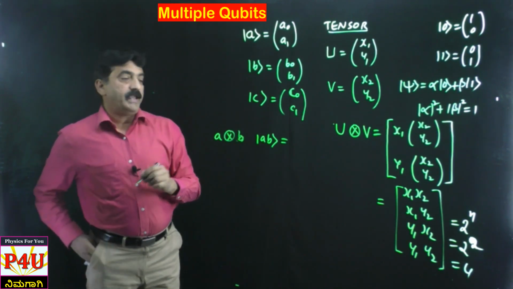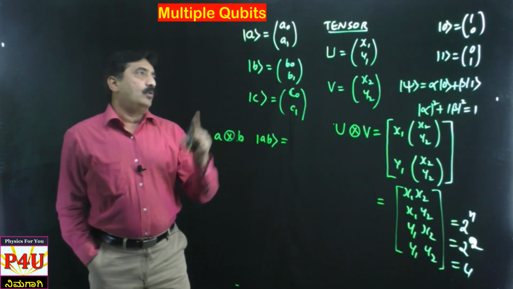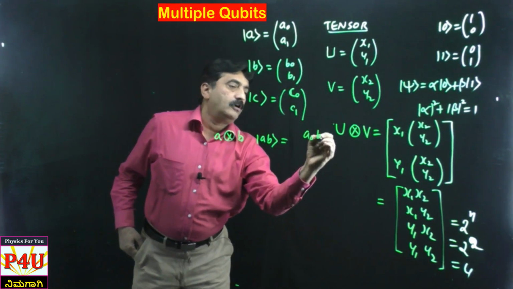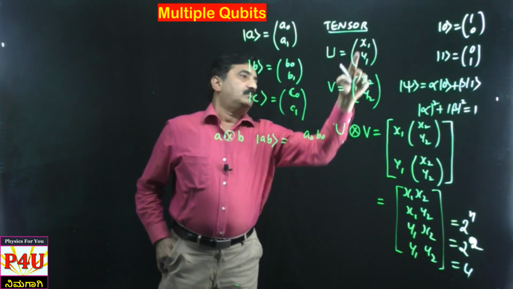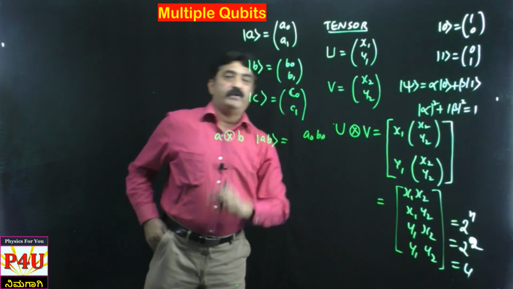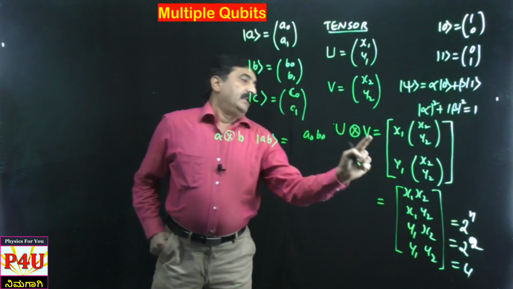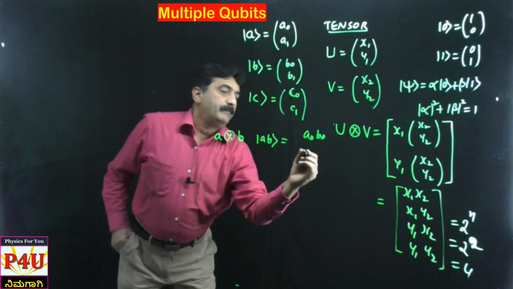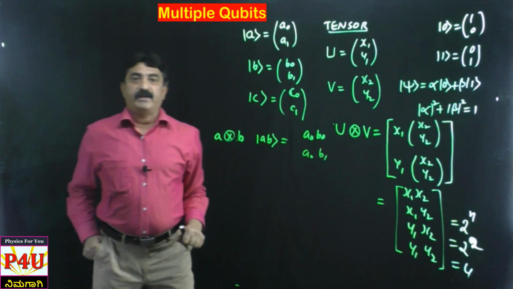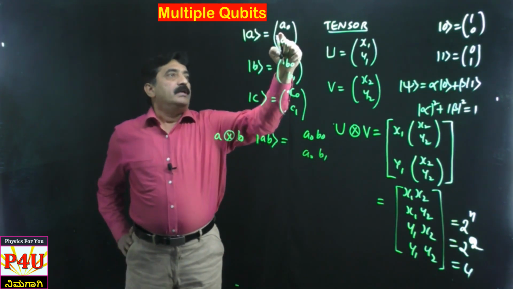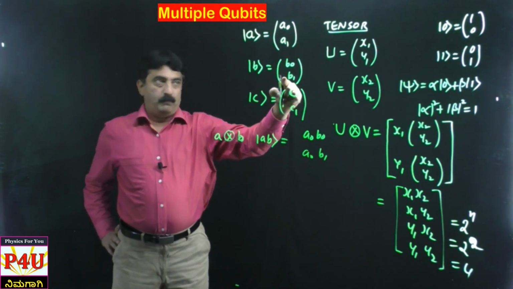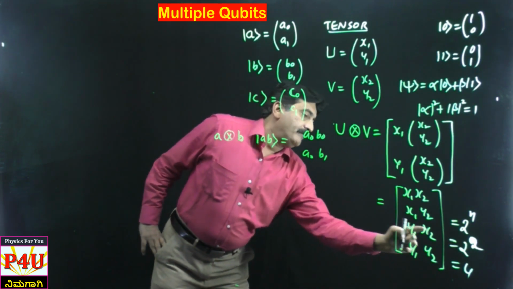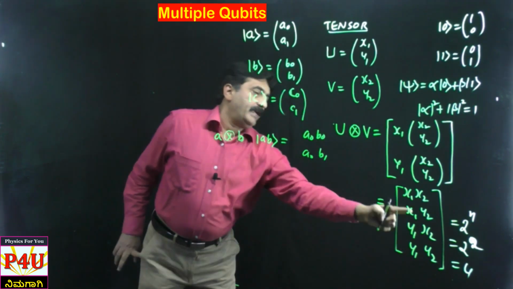A tensor product B. That is going to be, straight away I will write a0 b0, like x1 x2. Next x1 y2, that means a0 b1, correct? Next x2 y1, or y1 x2.